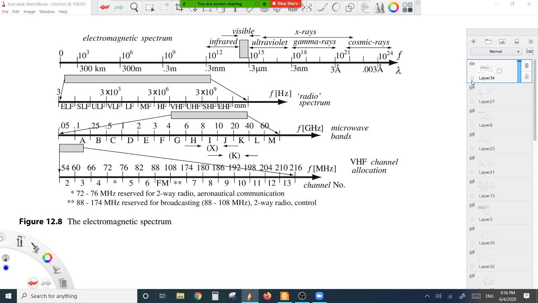Okay, and if we look at the electromagnetic spectrum, or if we start to think about electromagnetic waves with different frequencies, for example, TV transmissions can be made in the range of 54 megahertz up to 800 megahertz, or satellite communications are performed at frequencies from 1 gigahertz up to 30 gigahertz, or a radar speed detector operates at a frequency of 10 gigahertz to 30 gigahertz, and so on.